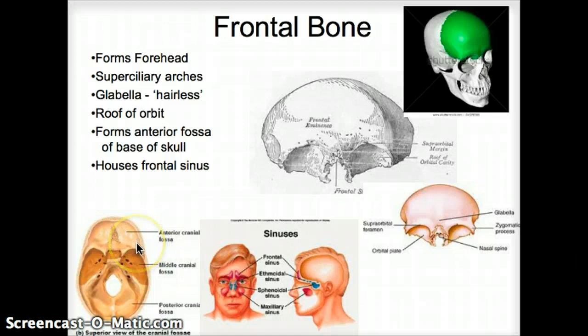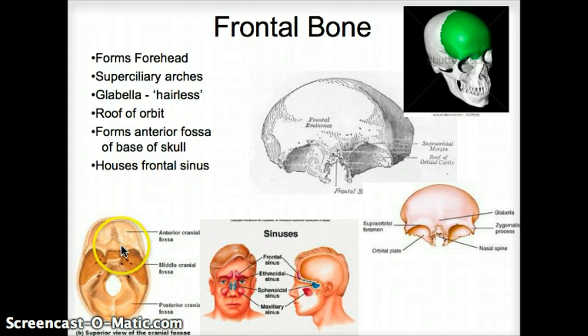By having the orbit here, the roof of the orbit, on the other side where the brain is, we have the inside, and that's partly formed by that frontal bone. And that portion here in the front is called the anterior fossa or cranial fossa.